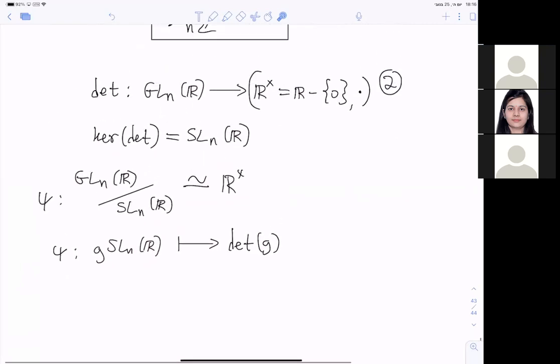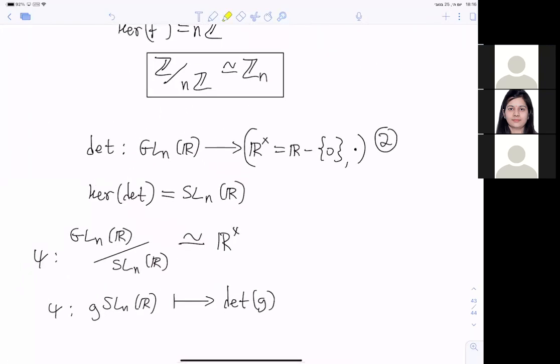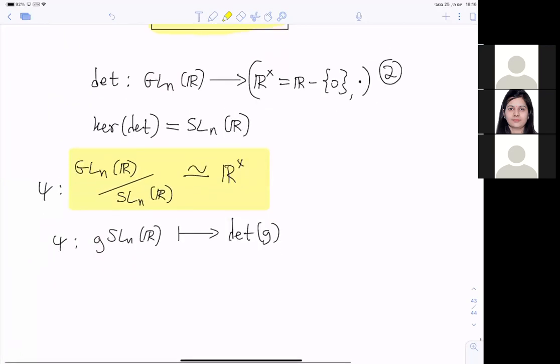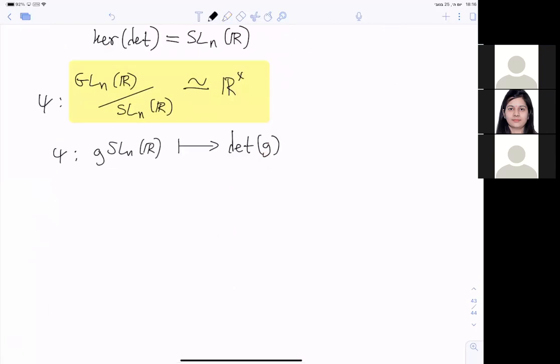Another example. Take T to be the unit circle in the complex plane.